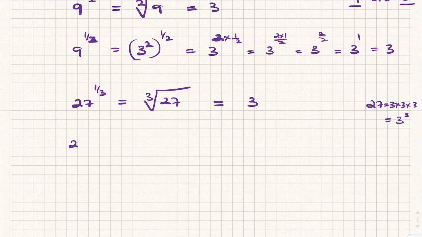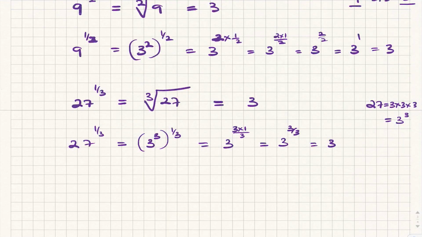So we can write 27 to the power 1/3 equals 3 to the power of 3, to the power of 1/3. And we now multiply the powers. 3 times 1 over 3 becomes 3 over 3 in powers, and that is 3 to the power of 1, which equals 3. So that's the proof.